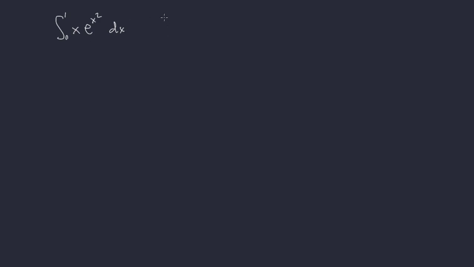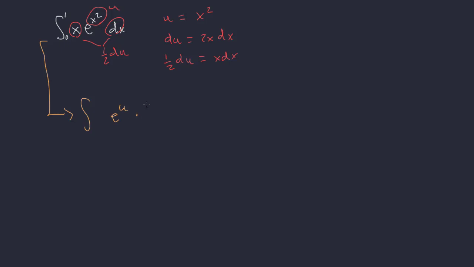Typically we would let u be x squared, then du would be 2x dx, and we'd divide over so that 1/2 du is equal to x dx. Here's our x dx together, so that would be 1/2 du, and here's simply our x squared, so that would just be u. When we make the transformation, we get the integral of e to the u times 1/2 du.